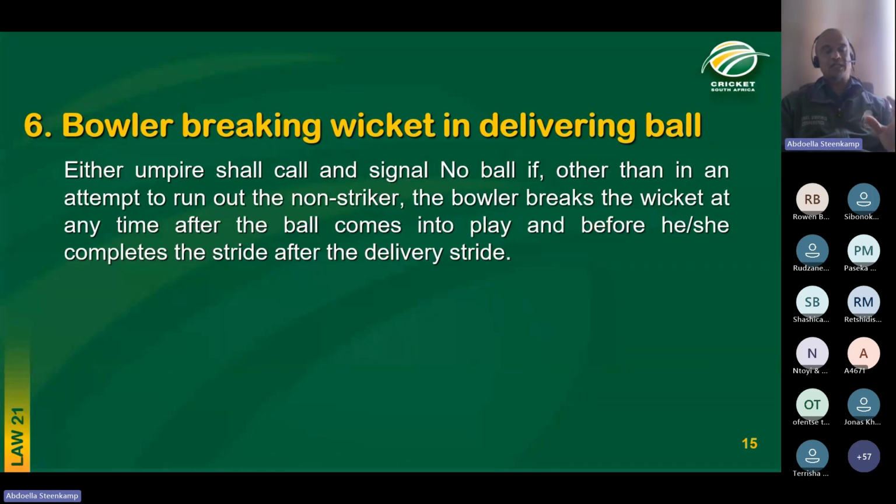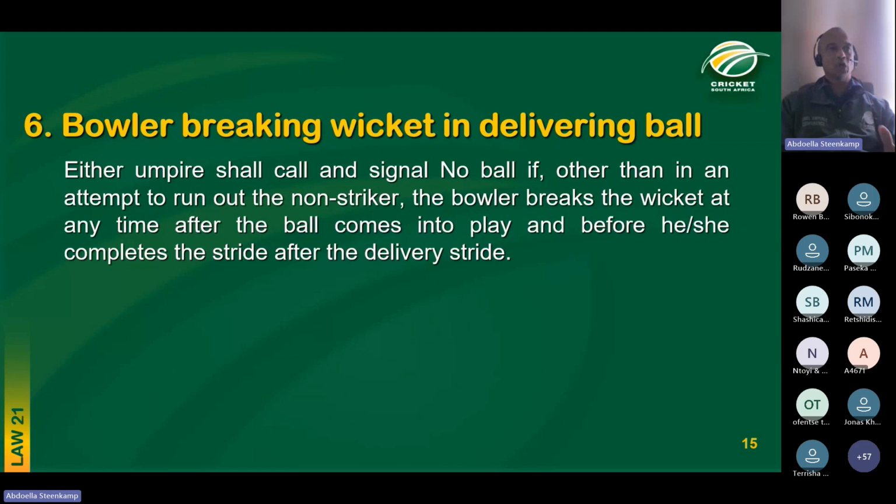Visualize a bowler running in, and while delivering the ball, the bowler puts the wicket down with any part of the bowler's person, whether it's the hand or the foot. One or both bails fall to the ground while the bowler is delivering the ball. Either umpire needs to call. The bowler's end umpire is in the best position, but the law tells us either umpire can call it. You need to call and signal no ball.